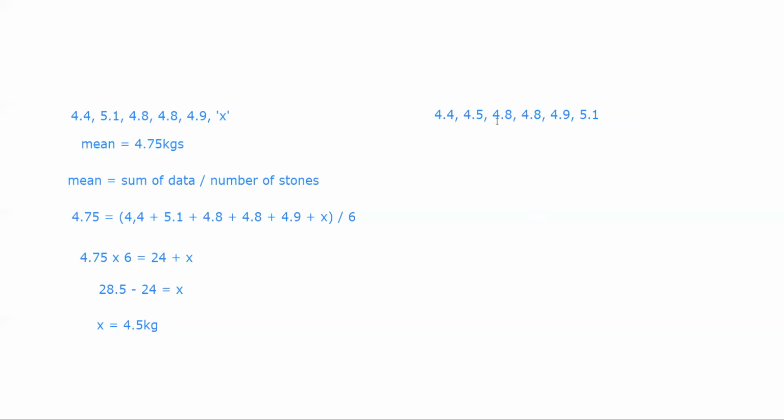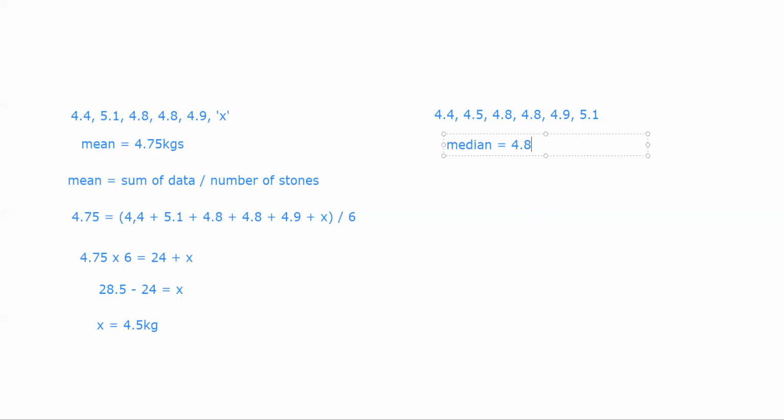So the median value would be the middle value of this data set. There are two middle values, the 4.8 and 4.8. So the average of these two values would be the same, that is equal to 4.8. So the median value is equal to 4.8.